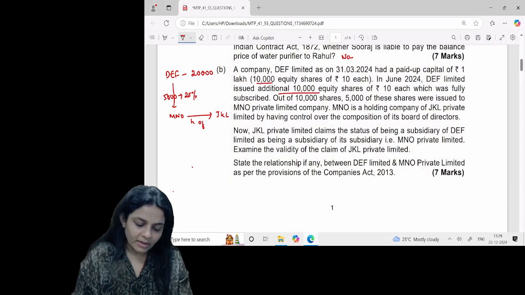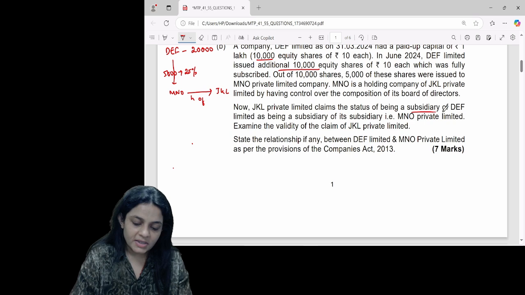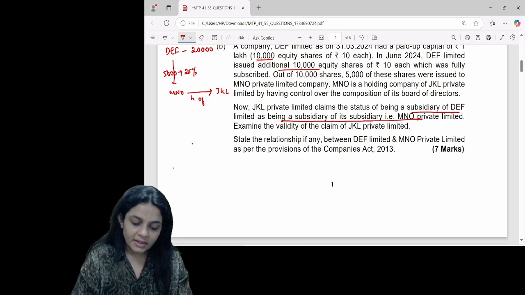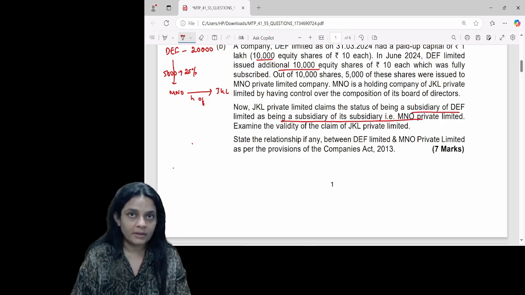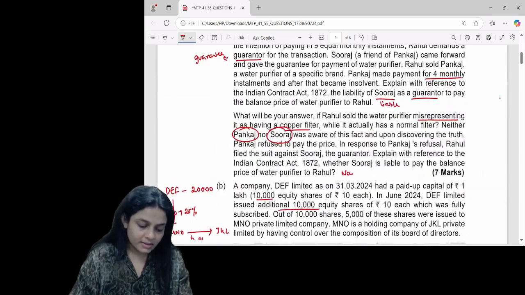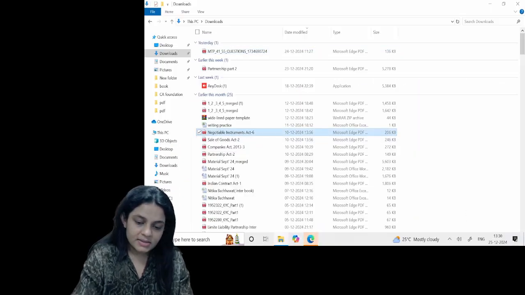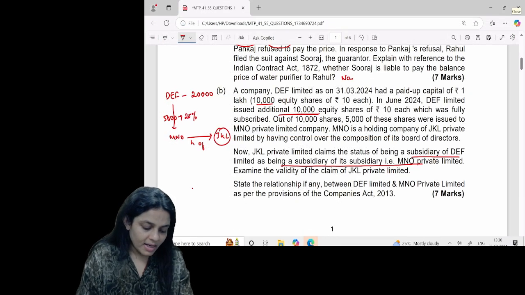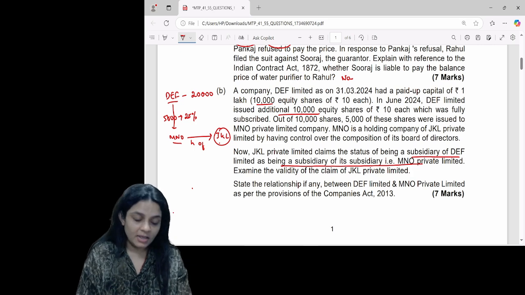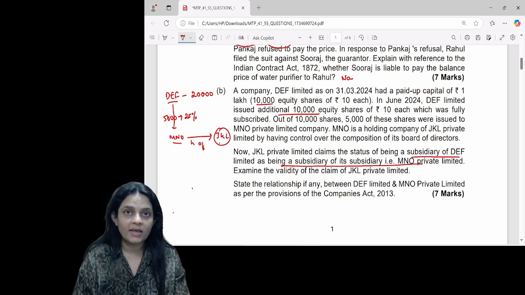Now, JKL Private Limited claims the status of being a subsidiary of DEF, as being a subsidiary of its subsidiary MNO Private Limited. So what JKL is saying is that I am a subsidiary of MNO and MNO is a subsidiary of DEF, so I am also a subsidiary of DEF.